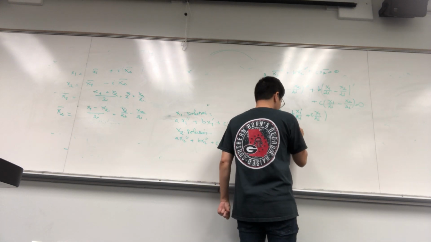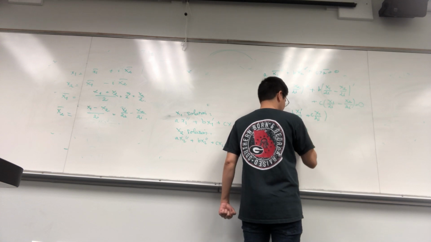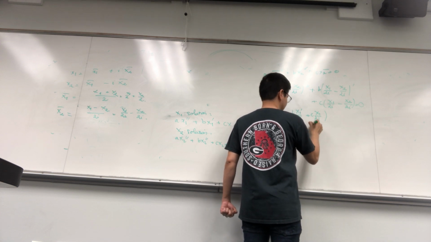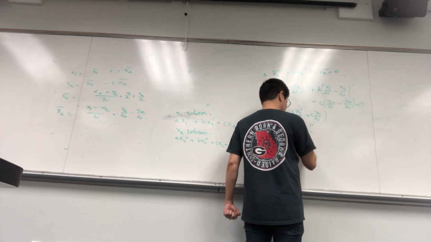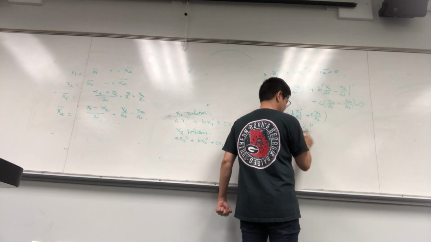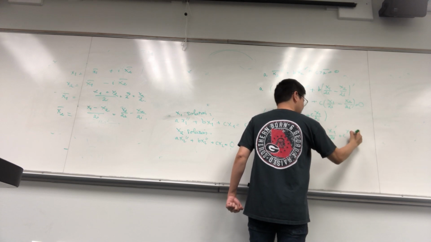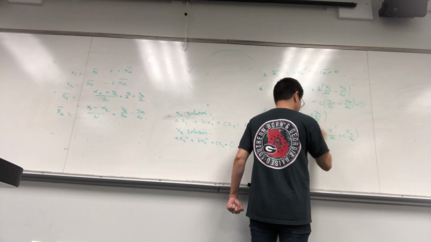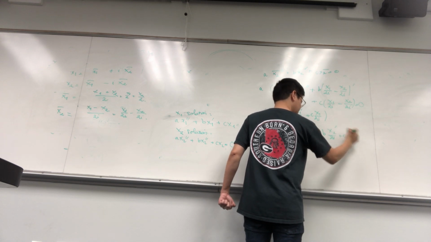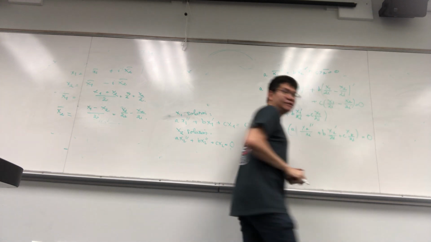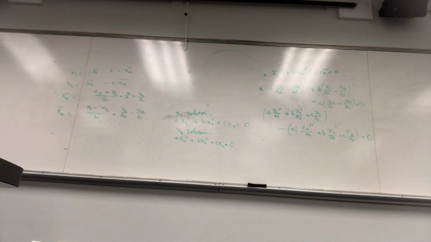And the other one is a x2 prime over minus 2i, so I'm gonna put a minus outside, plus b x2 prime over 2i plus c x2 over 2i. So to show that x2 bar is the solution, you plug the form of x2 inside, and you group all of x1 and all of x2, right? And you get a 0.